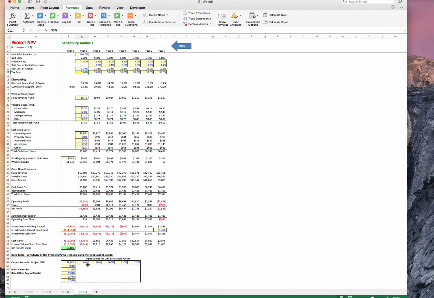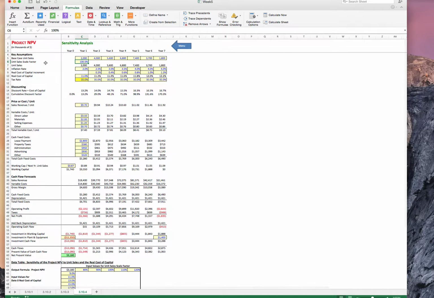unit cell scale factors that are going to be 80, 90, 100, 110, and 120. And these refer to the variation of this unit cells factor right here. So what it's saying is that if instead of 100% we had 80%, we're going to get these values at these different costs of capital.